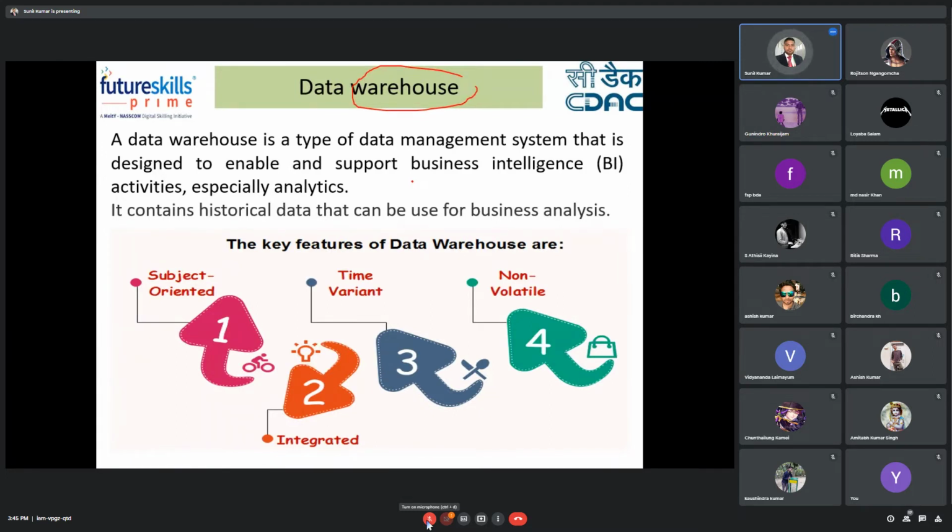So when data has been stored, it's very important for future use also, right? Suppose a bank is storing its data. What's the purpose of the bank storing the data? Can anyone tell me why the bank is storing the data? Why?